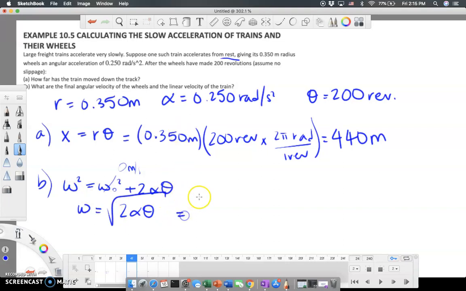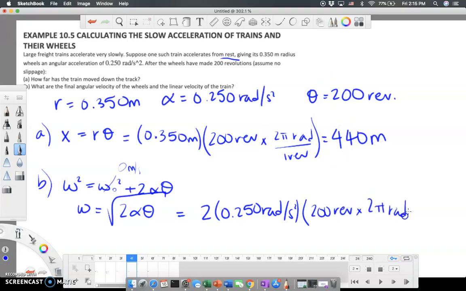So we can plug everything in: 0.250 radians per second squared times our theta, which is 200 revolutions times 2 pi radians over 1 revolution. Remember, we need to be consistent with our units, and then take the square root of that, and that will give you your angular velocity.